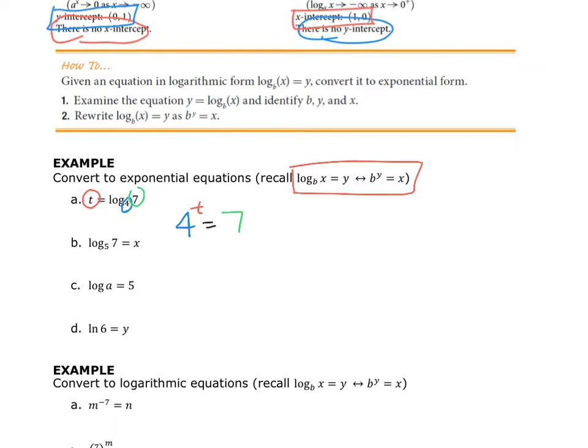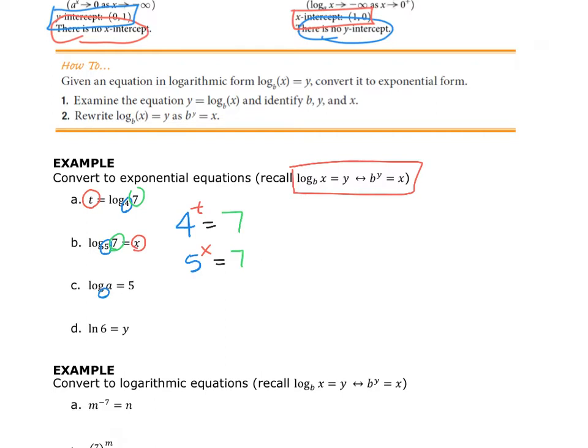Let's do this again. This is my base, this is my exponent, and this is my answer. So it is 5 raised to the x is equal to 7.